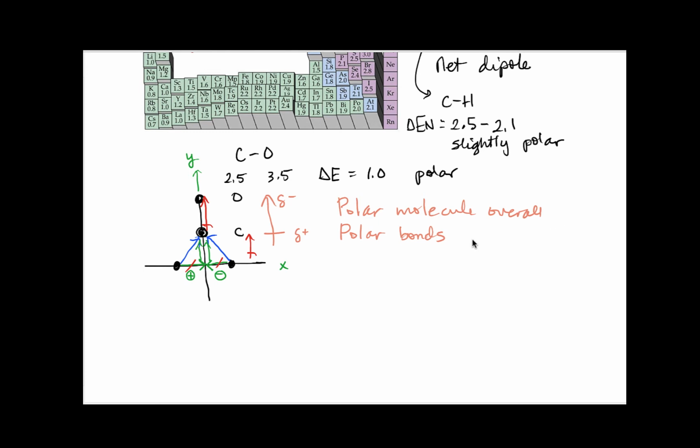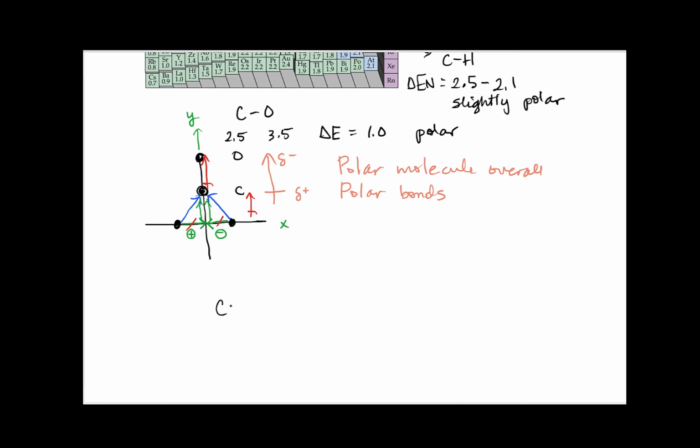And you can have one of these without the other, because as we just looked at here, remember how these two portions canceled each other out? You can have the polar bonds cancel each other out and give us a net nonpolar molecule, even though our bonds are polar. And a great example of this is carbon dioxide. Carbon dioxide, we know, has a Lewis dot structure like this. It is a linear molecule.